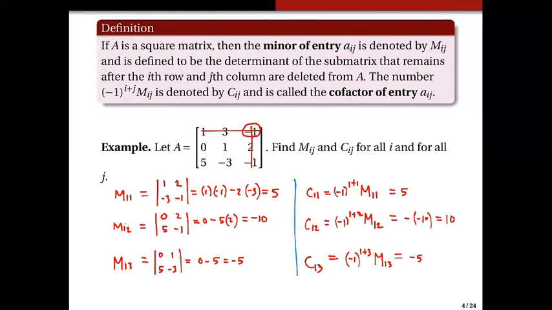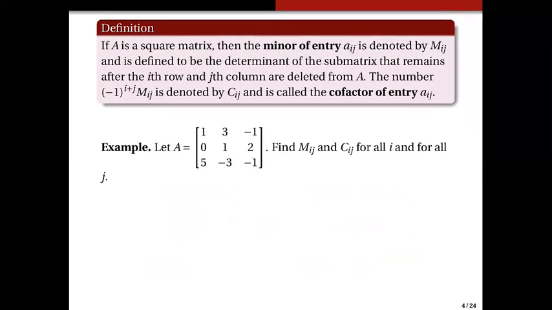Now let us calculate the minors and cofactors for the second row entries. Here we want to find M21, second row, first column. So we delete the second row and the first column.